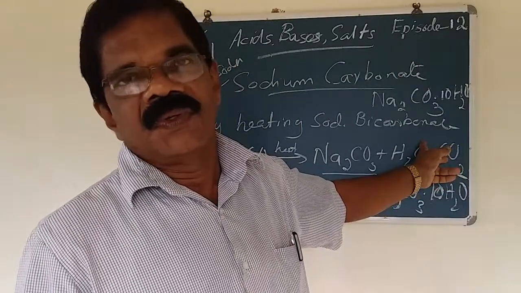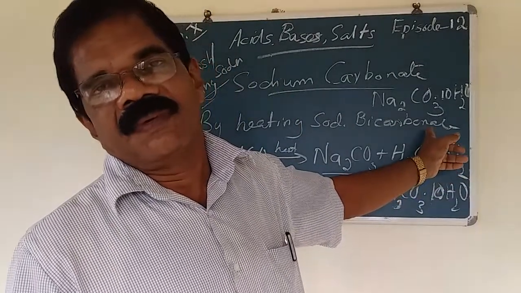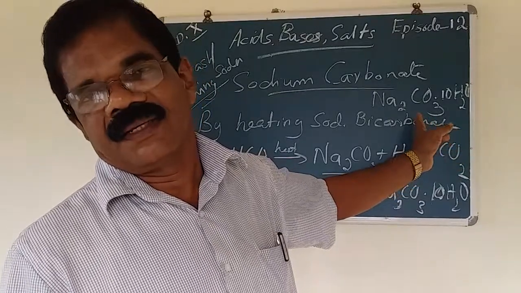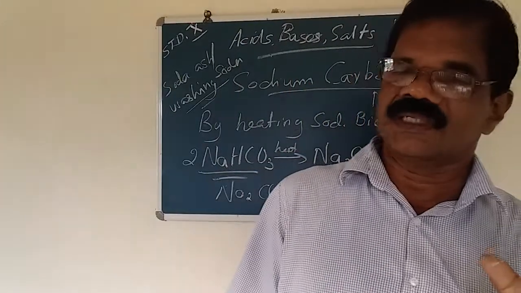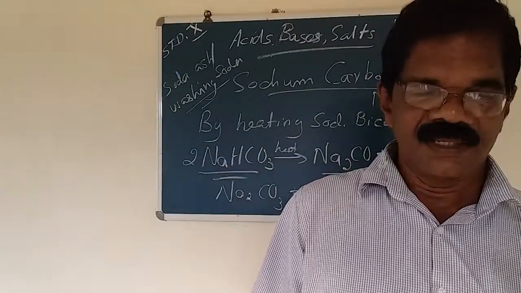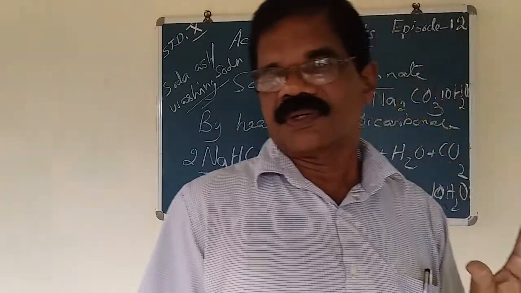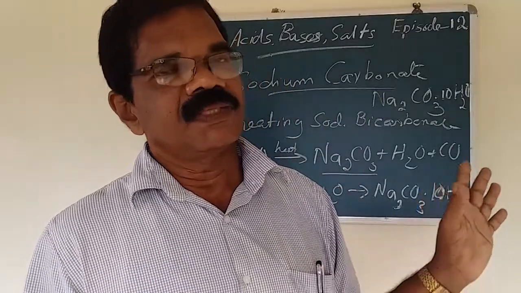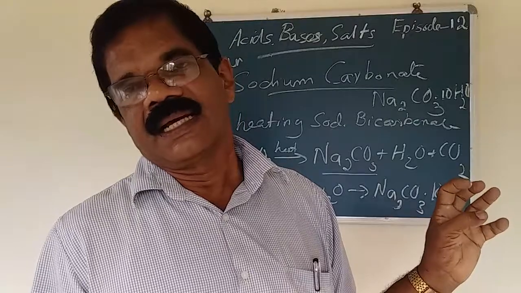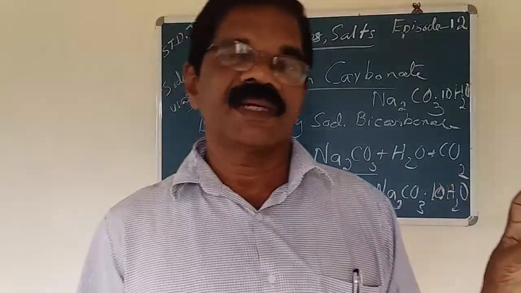So, what are the main uses of sodium carbonate? One, it is used as a cleaning agent. Second, it is used for removing hardness of water. Third, it is used in the manufacture of glass, paper, etc.